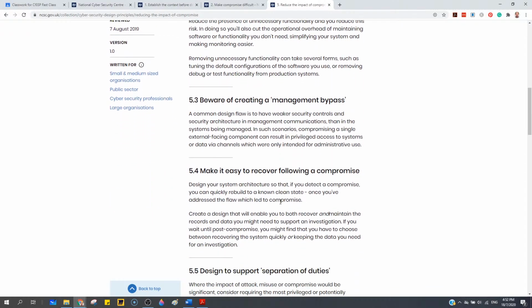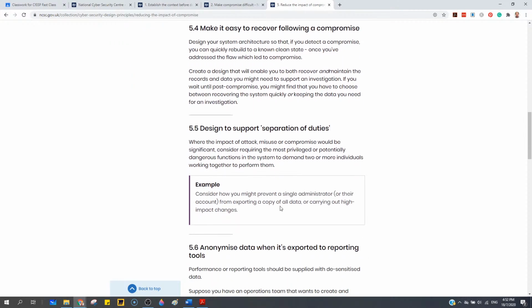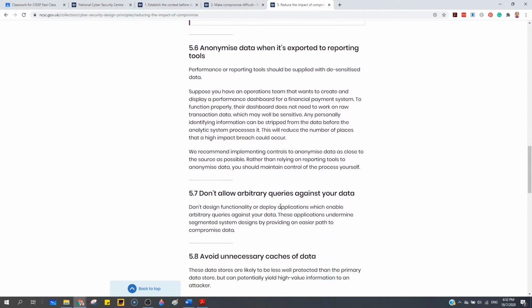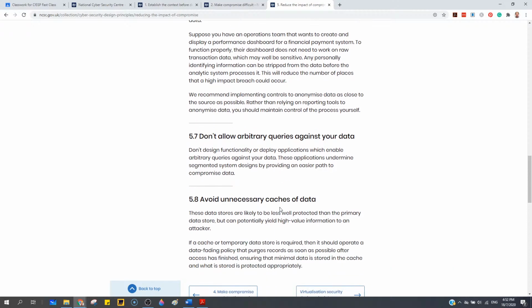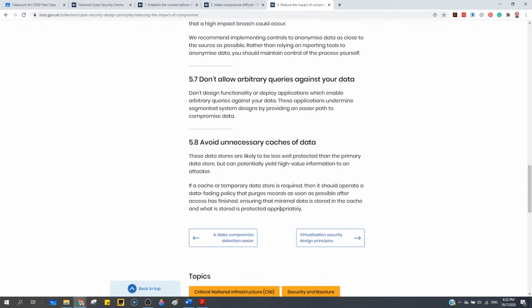The third one is beware of creating a management bypass. Then make it easier to recover following a compromise. And the fifth one is design to support separation of duties. Sixth principle is about anonymizing data where it is exported to reporting tools, and do not allow arbitrary queries against your data. That is the seventh. And the eighth one is avoid unnecessary cache of data.